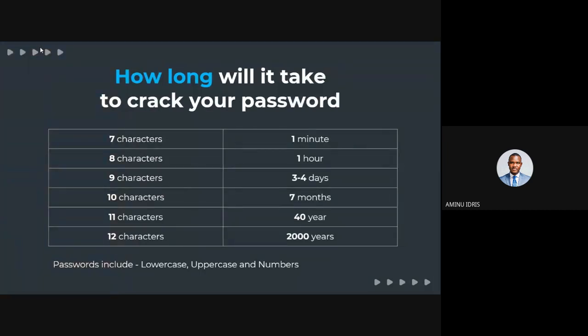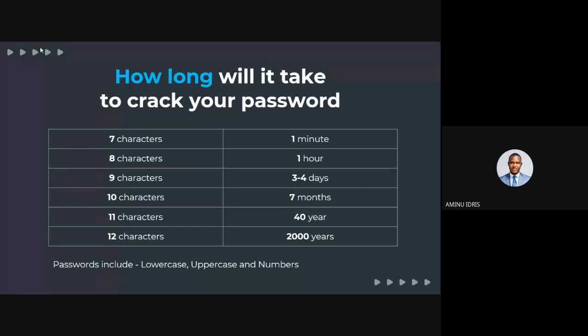For most modern web applications, they don't store passwords in plain text exactly the way you give it. It goes through a hashing algorithm, so that password is going to be hashed.